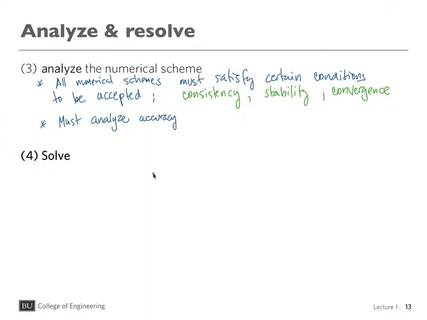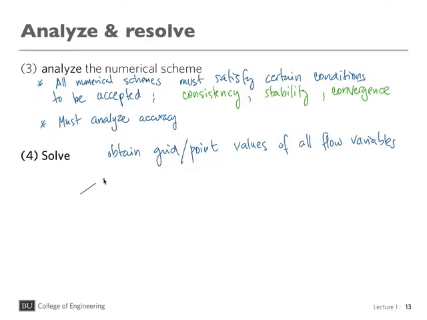And then solution. Well, we finally have to solve the numerical scheme to obtain the grid point values of all the flow variables. Basically, at this final step, you can have two situations.